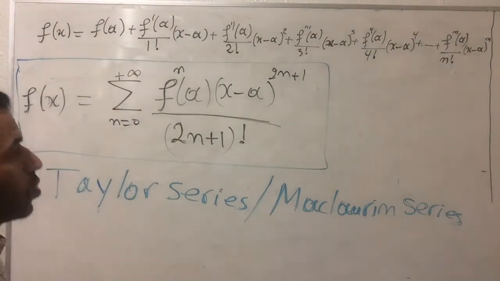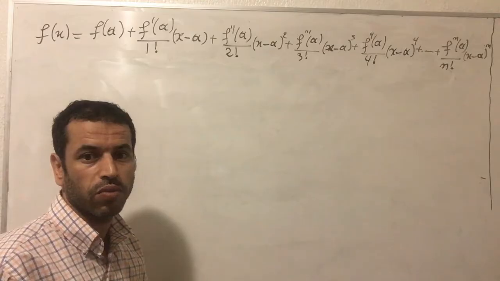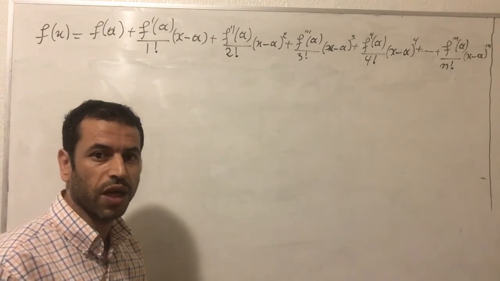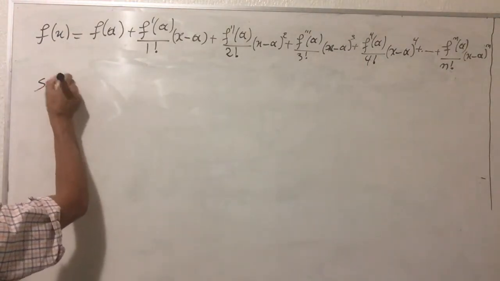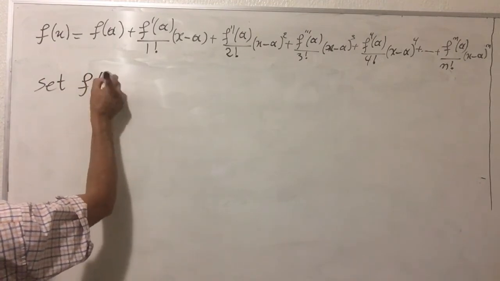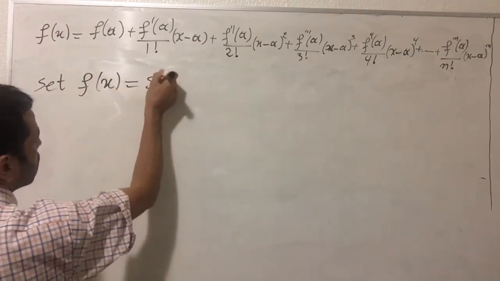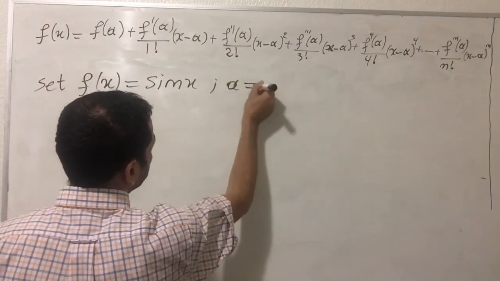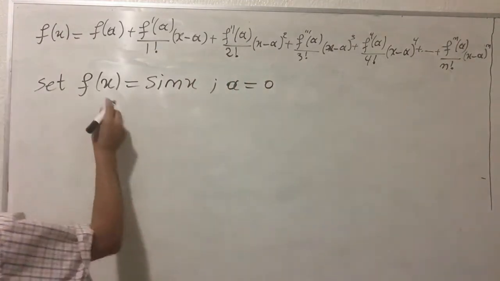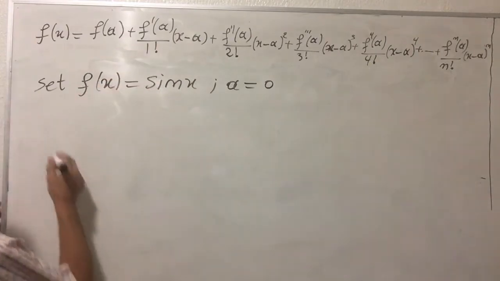Now let's move on to continue with our proofs. Let's take f of x equal to sine x as an example, okay. So let's set f of x equal to sine of x and a equal to 0, okay. So I'm going to plug this into this expression.